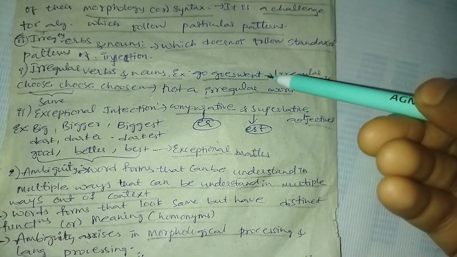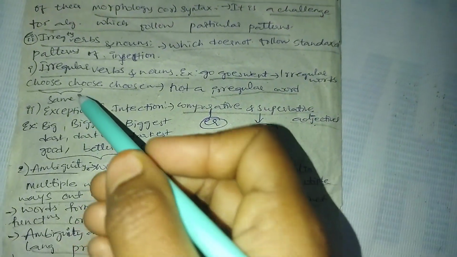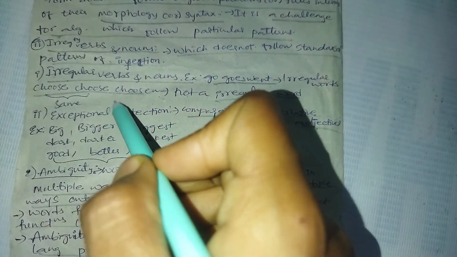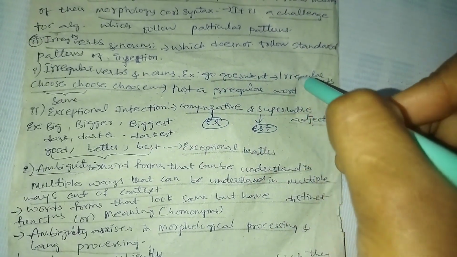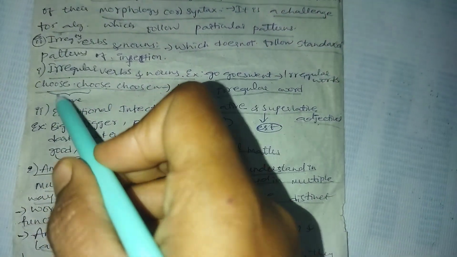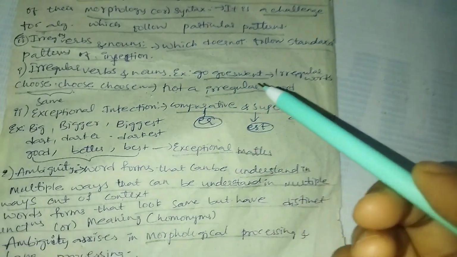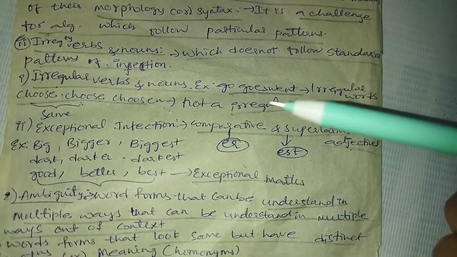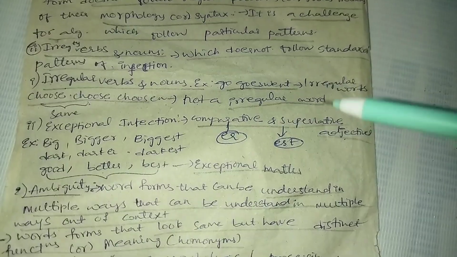We use these three in different cases. Choose, chosen: these two are similar. Here there are no similar words, so these are irregular words. Here there are two same words, so it is not irregular. Irregularity is a property which does not follow the rule. It should be different in past tense, present tense and future tense.